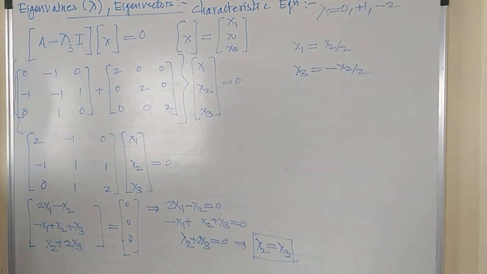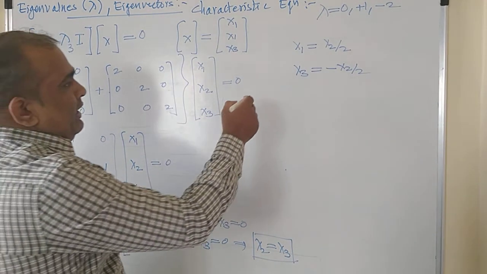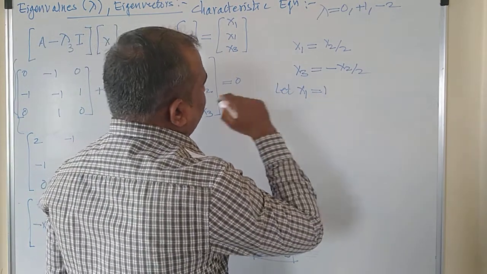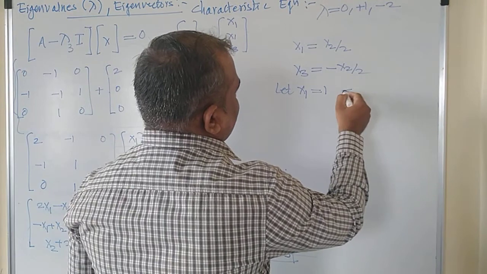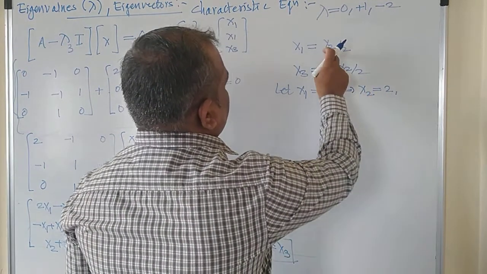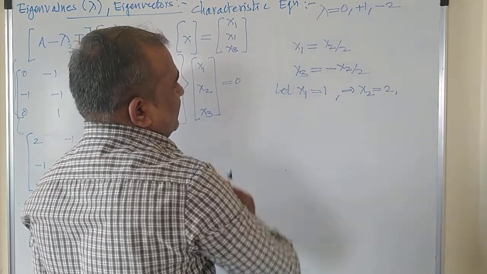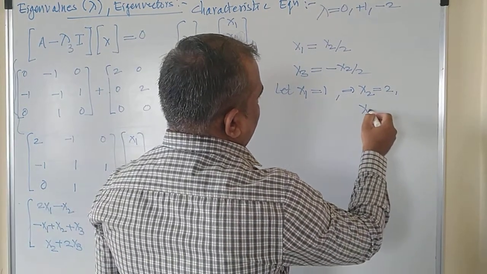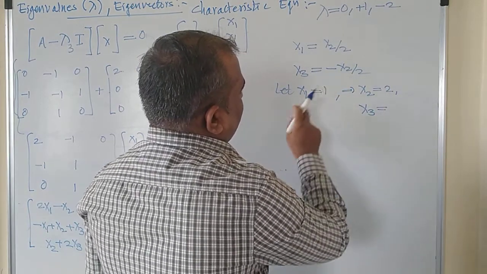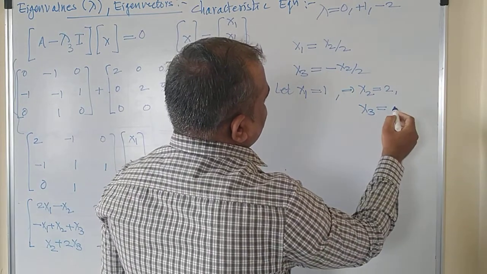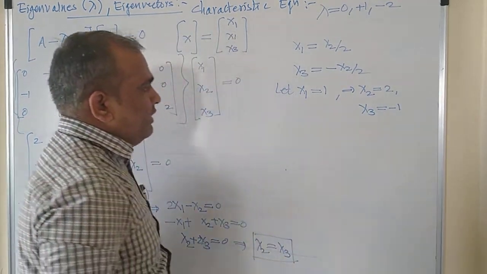Got it? And now you can assume, let x1 is equal to 1. If x1 is equal to 1, this implies that x2 is equal to 2. And what will be the value of x3? x3 will be equal to, x2 is 2, therefore x3 is equal to minus 1, isn't it?